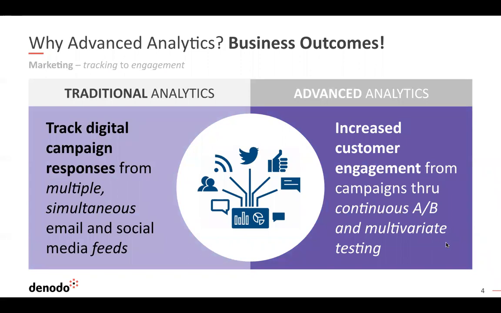If you look at the marketing function, from the traditional analytics perspective, you're tracking digital campaigns and trying to understand email and social media feeds. It's really like tracking what's happening now. But advanced analytics helps marketers understand where there could be increased customer engagement, and which campaigns could work better than the others.